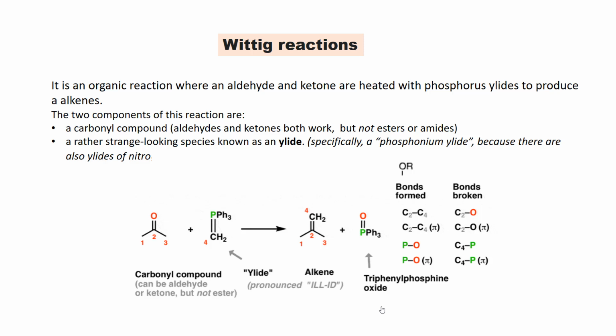So what is the purpose? Here you can see, by using one ketone or carbonyl compound and an ylide. So what is an ylide? Ylide means any species which contains a positive charge and a negative charge adjacent to each other. That is called an ylide.